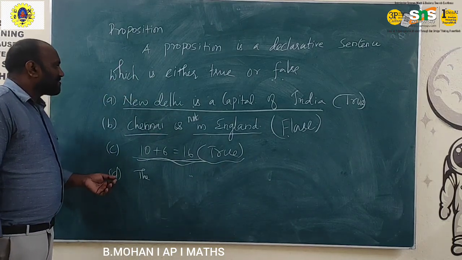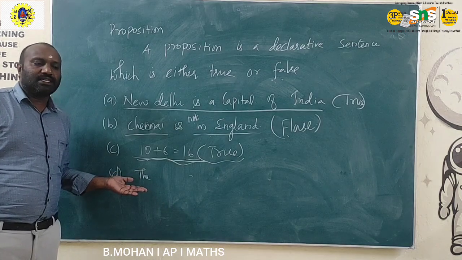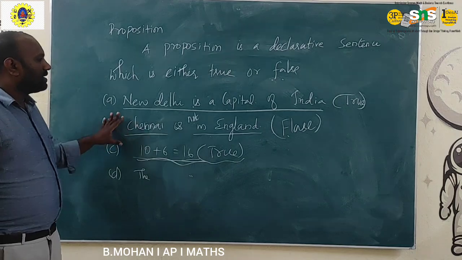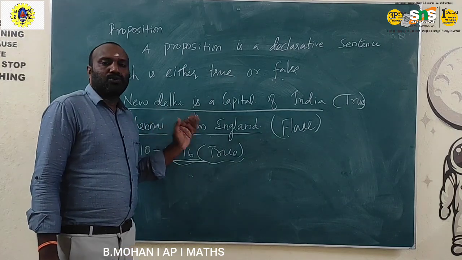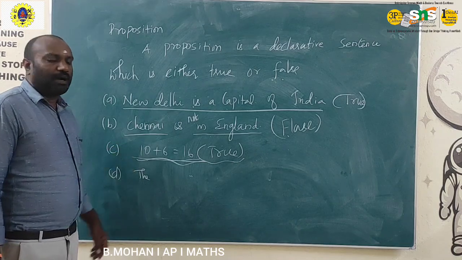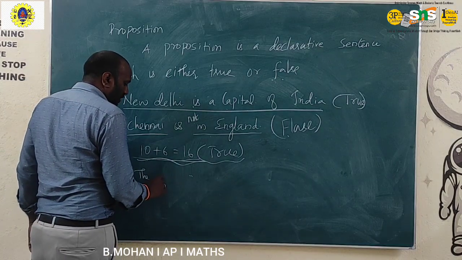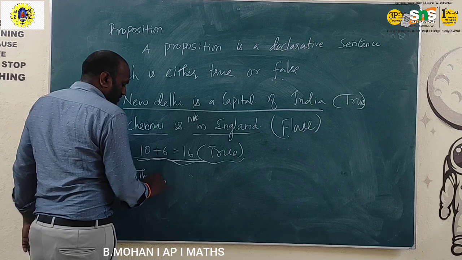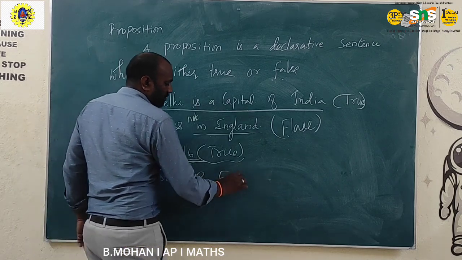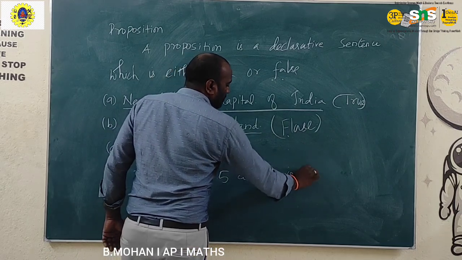Next, there are a lot of statements like this, true and false. For example, the sum of 5 and 2 is 7.